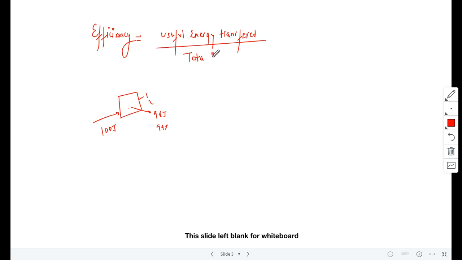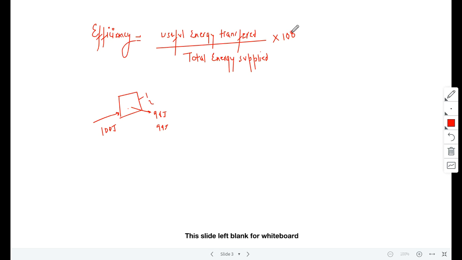That means if a machine is more efficient, it's basically converting the total energy into more useful energy. So this is efficiency, and if you want to calculate the efficiency percentage, then multiply this whole by 100. You'll get the efficiency percentage.